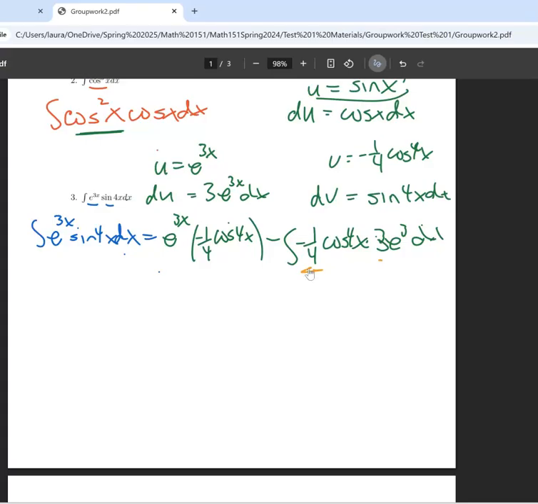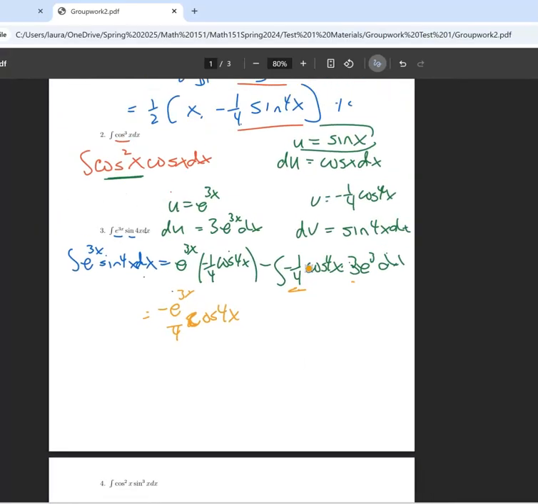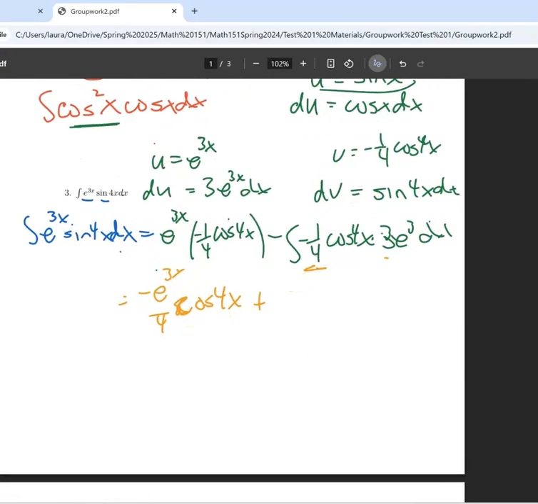So let's just carry things along. So I get a negative e to the 3x over 4, cosine of 4x. So that would be a positive 3 over 4. And then I'd have an e to the 3x cosine of 4x dx.